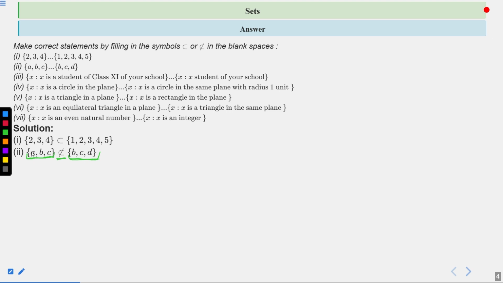So you can easily name that element, which is A. So A belongs to the set while A doesn't belong to the set on the RHS. Clear? So not a subset.